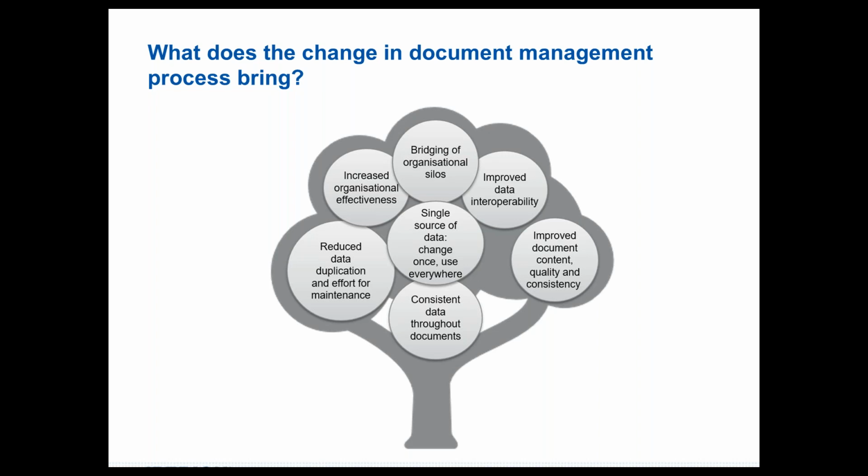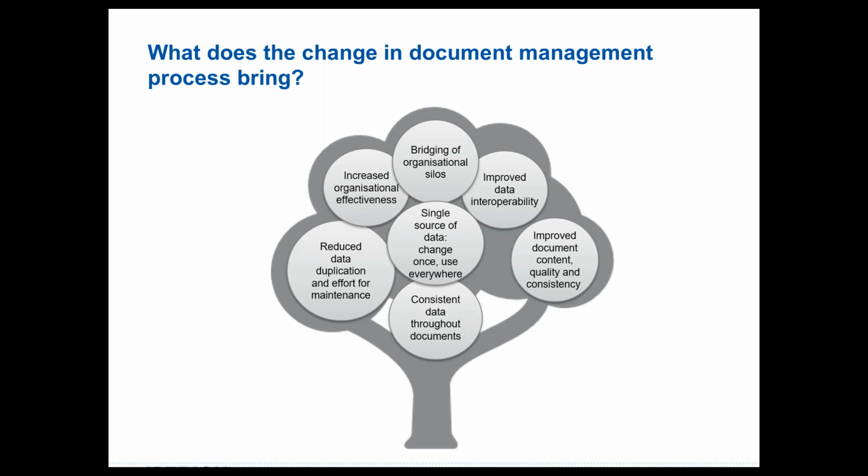Bridging those organizational silos, handing over information that you're responsible for to the next department that needs it, and thereby bringing those silos closer together. We've mentioned RA and PV, and it's a good example, which of course is an example of improved data interoperability, which in our view is the holy grail.